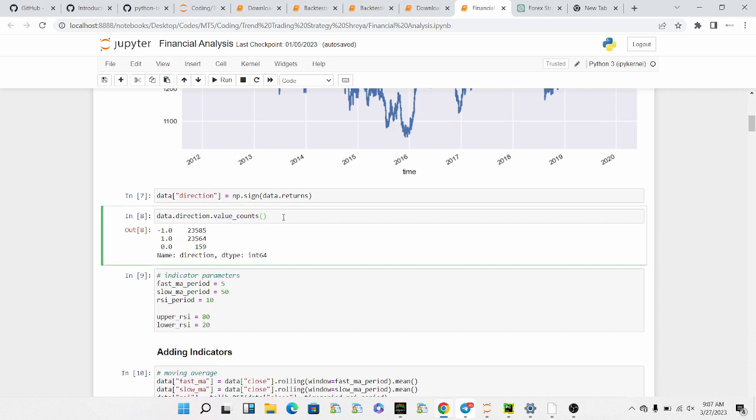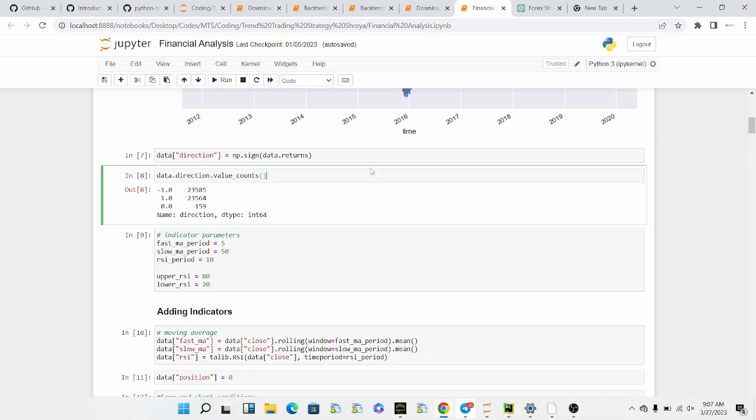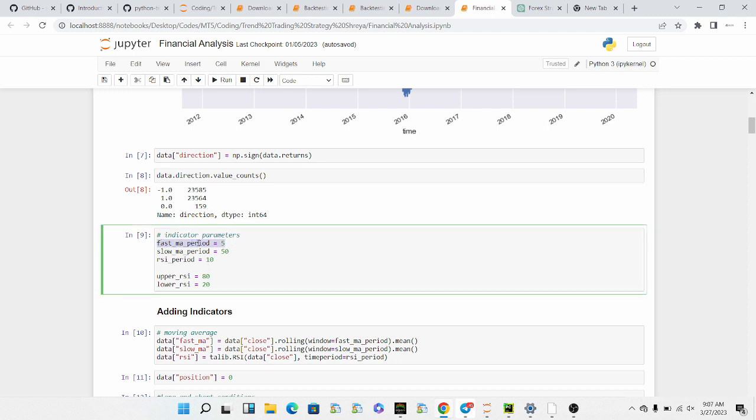We want to see the measure of the candles. So we had 23,585 bearish candles, and then we had 23,564 bullish candles, and then we had 159 indecisive candles.